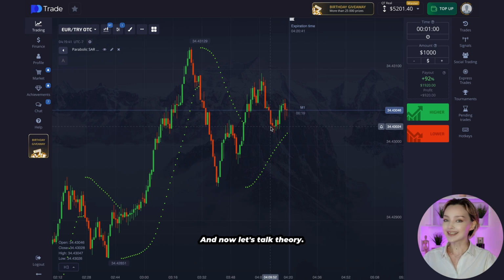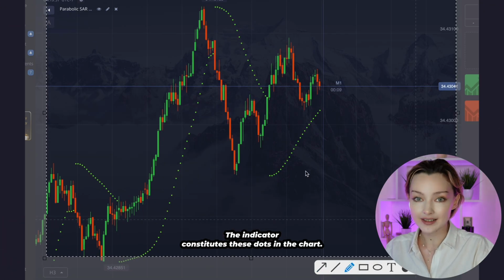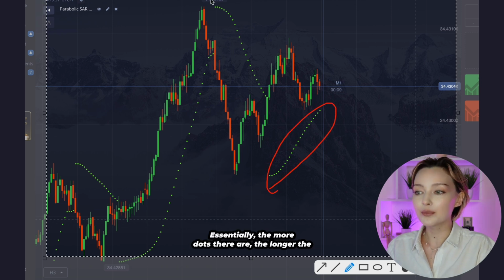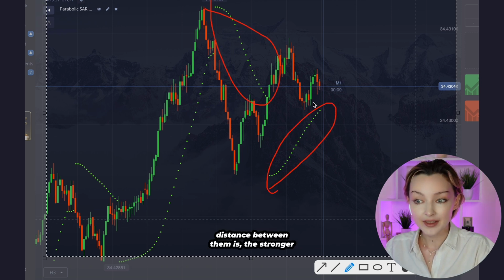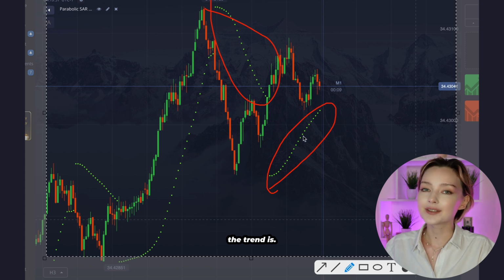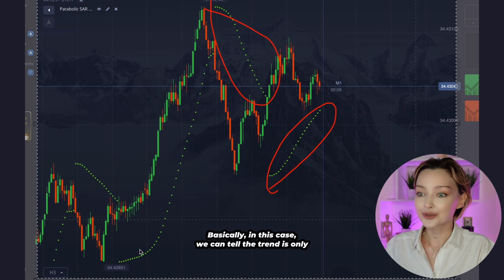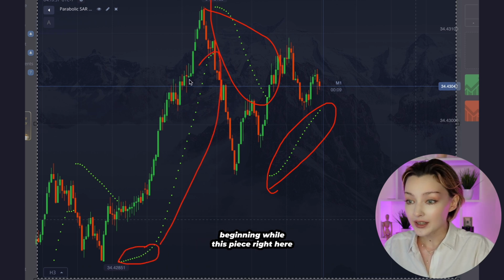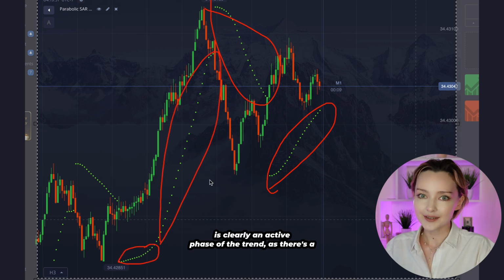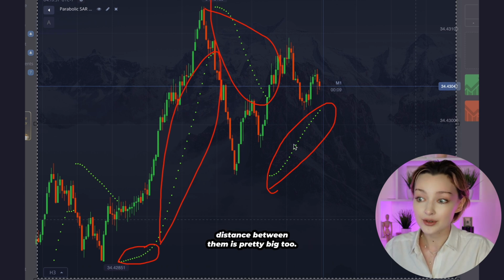And now let's talk theory. The indicator constitutes these dots in the chart. Essentially, the more dots there are and the longer the distance between them is, the stronger the trend is. In this case, we can tell the trend is only beginning, while this piece right here is clearly an active phase of the trend, as there is a whole bunch of dots and the distance between them is pretty big too.